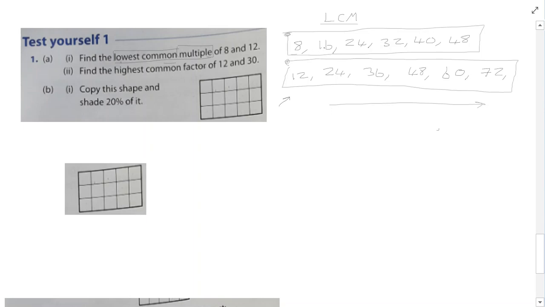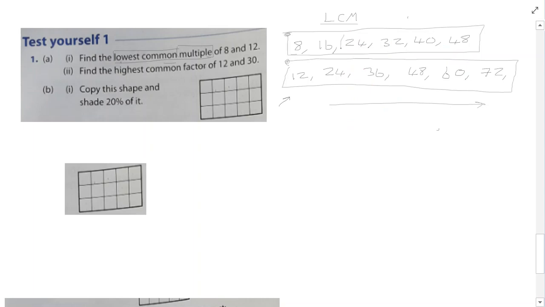We have 16 within this, do we have 16 down here? We don't. We have 24 here and we have 24 here. So we can see that this is the lowest common multiple between the two sets of multiples, and in this case it is going to be 24.